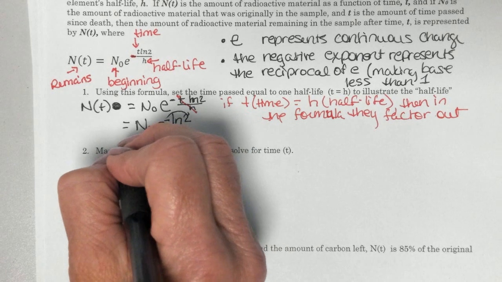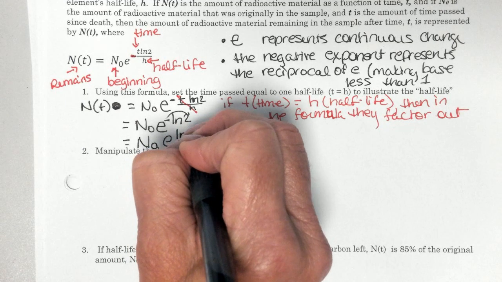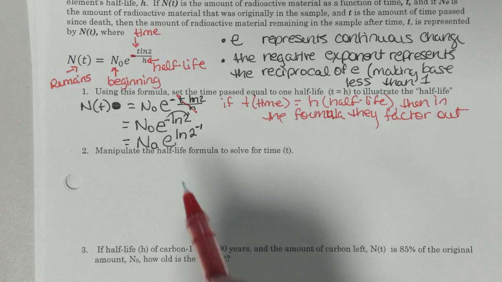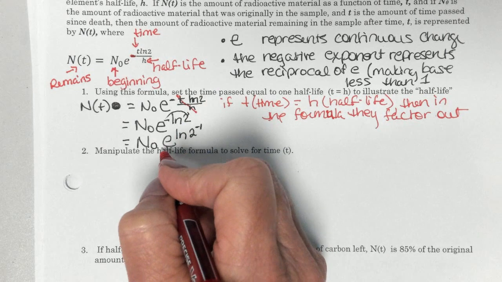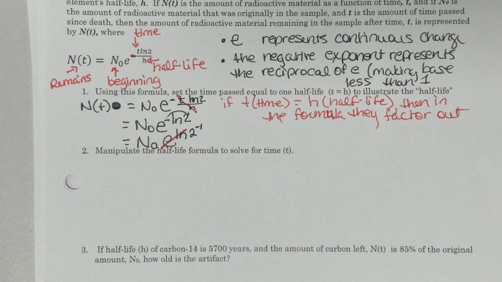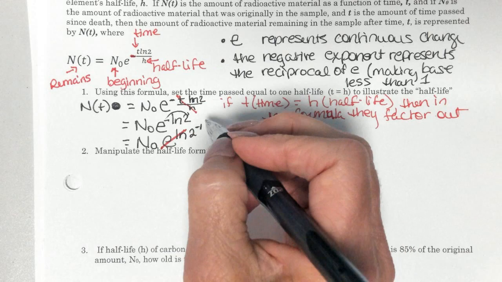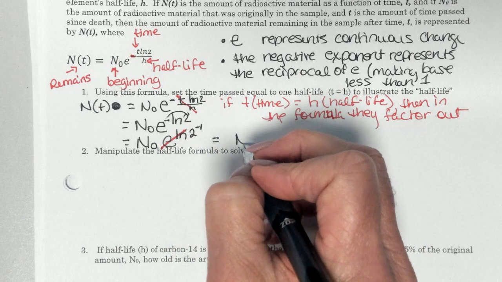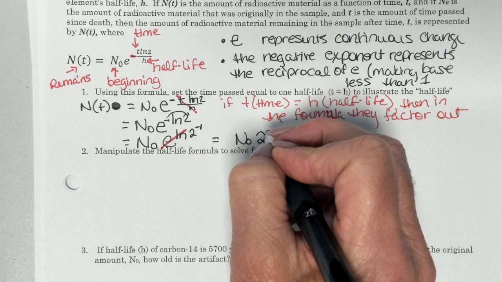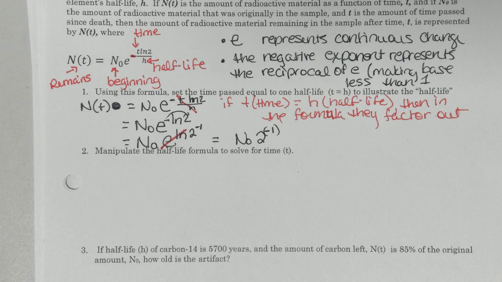And if we've got the natural log of 2 to the negative 1 power, now you can see that your base and your natural log undo each other, cancel each other out. So what you're left with is what we started with times 2 to the negative 1 power. Well, what is 2 to the negative 1 power?